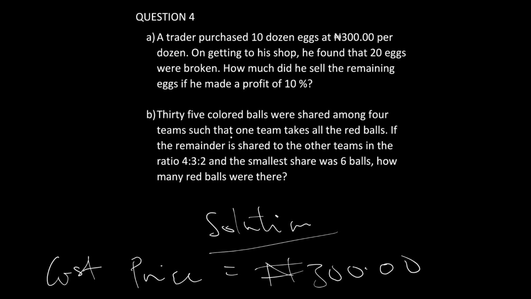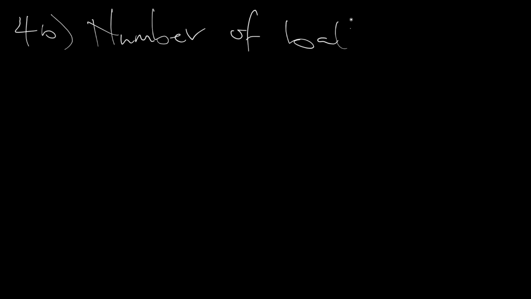35 colored balls were shared among 4 teams, such that one team takes all the red balls. So number of balls is equal to 35. And then one team takes all red balls.